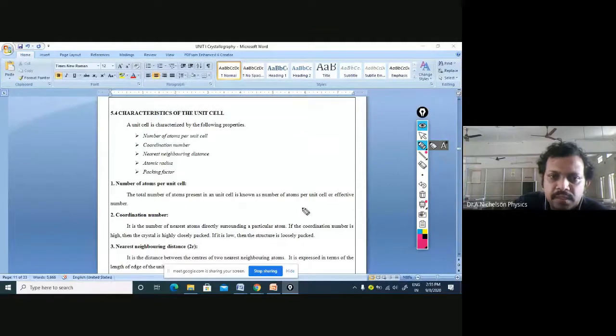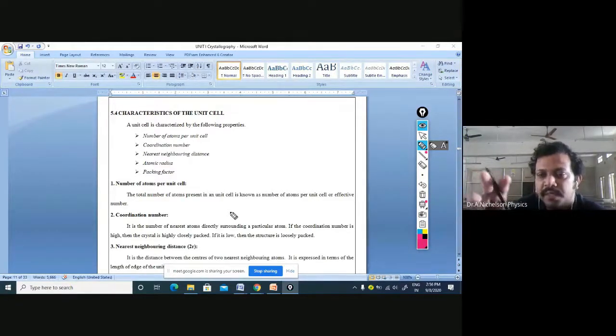First, number of atoms per unit cell. Second one is coordination number. You just consider only one atom that has contact with the nearby neighboring atoms. With that atom, how many atoms are immediately surrounding that particular atom? That is called the coordination number.